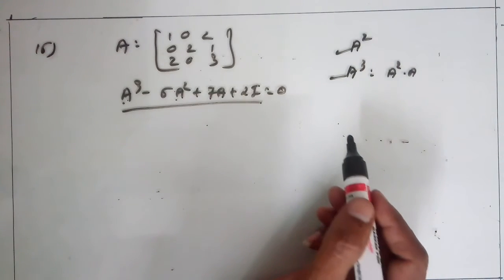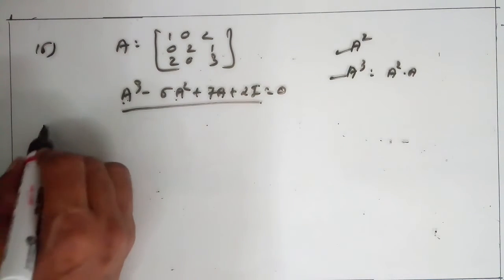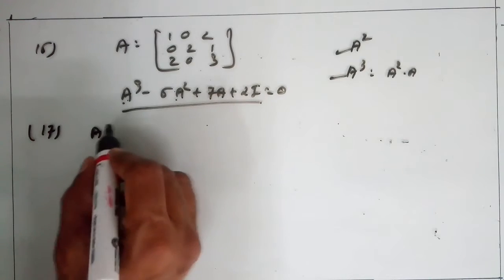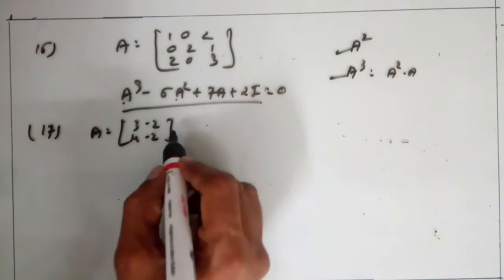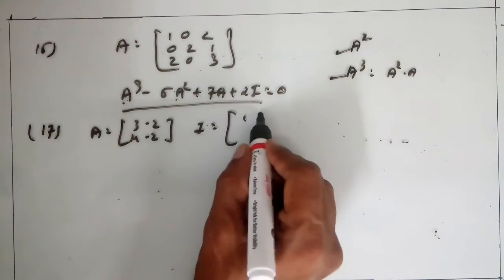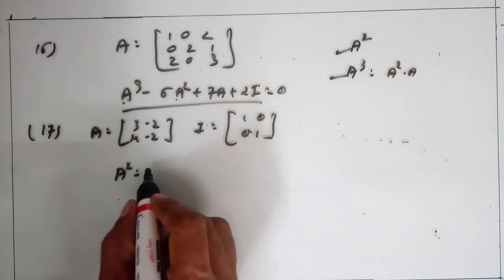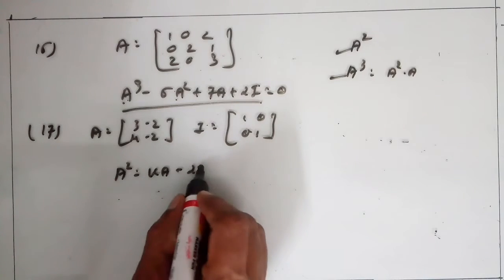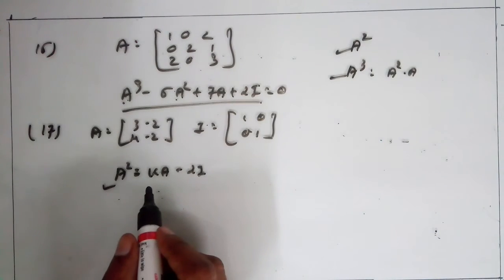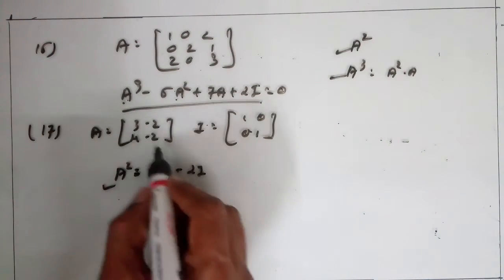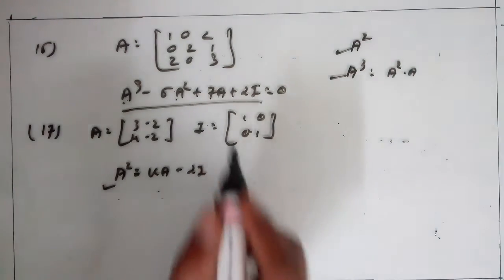You know how to solve this. Just try to solve it yourself. Same in question number 17. If A is equal to [3 -2; 4 -2], I is equal to [1 0; 0 1], find the k if A square is equal to k into A minus 2 into I. First find A square, then k into A minus 2 into this I, and compare both matrices, get the value of k.